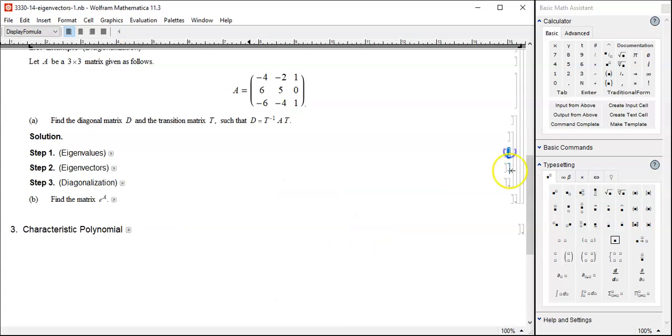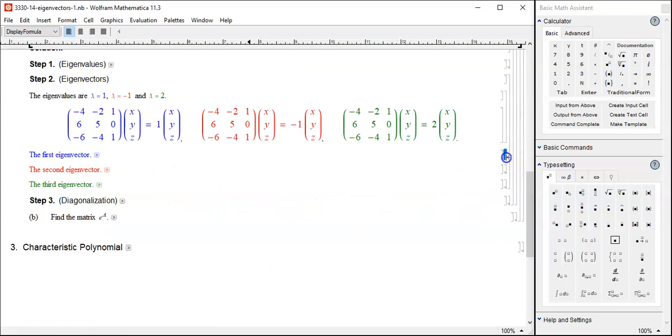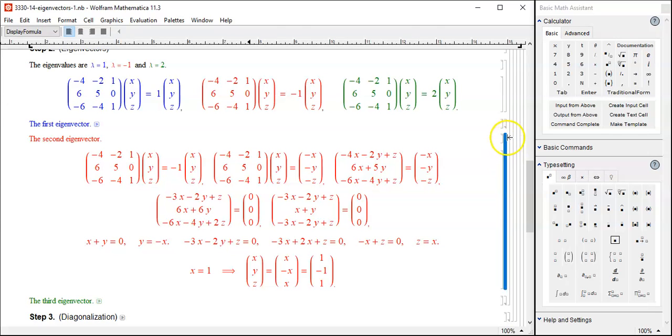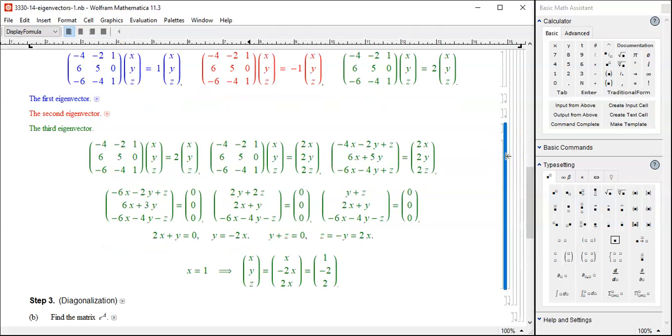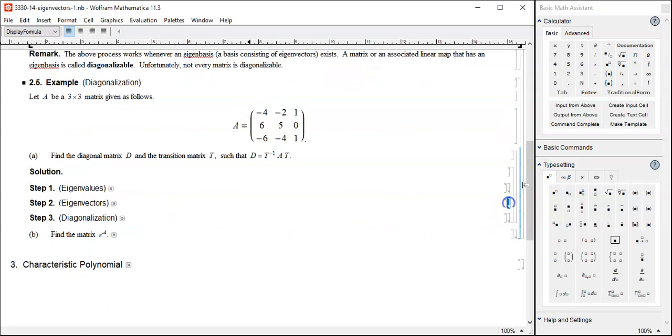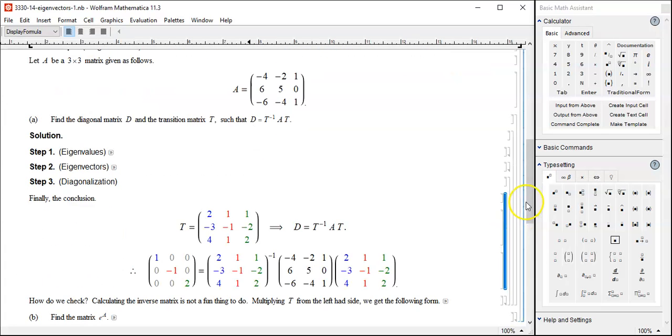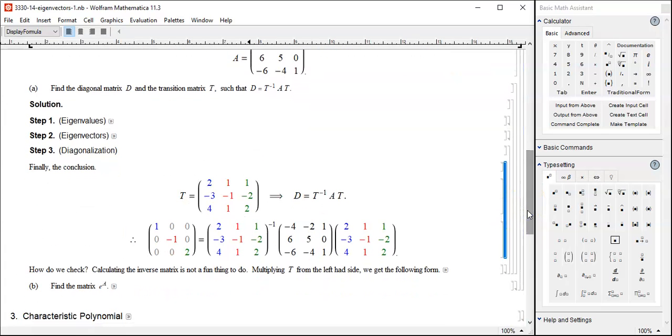And for each eigenvalue, you can find eigenvector through systems of linear equations. 2, -3, 4, 1, -1, 1, 1, -2, 2. Check the linear independence. I'll leave those to you. And then consequently, we have this diagonalization. Transition matrix is 2, -3, 4, first column, 1, -1, 1, second column, and 1, -2, 2, the third column.